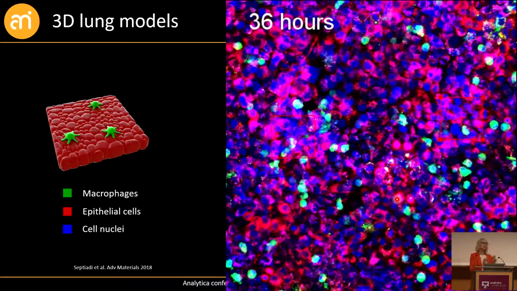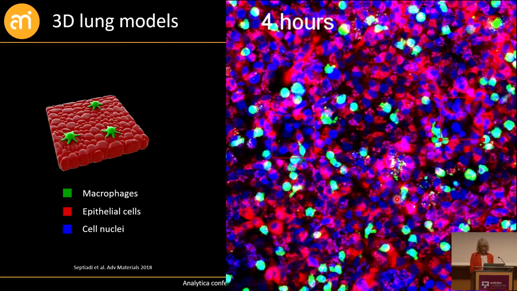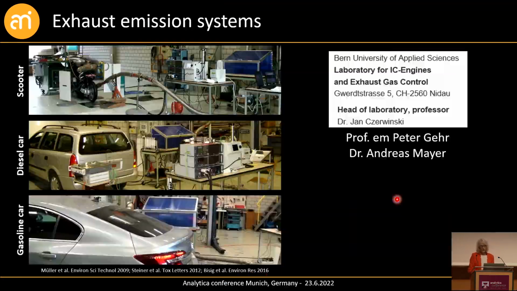So this was the system we have established, and then we started a collaboration with the exhaust gas control in Biel, and we started with scooter emissions. Then we had some campaigns with diesel cars, followed by gasoline cars. This collaboration lasted almost 20 years.